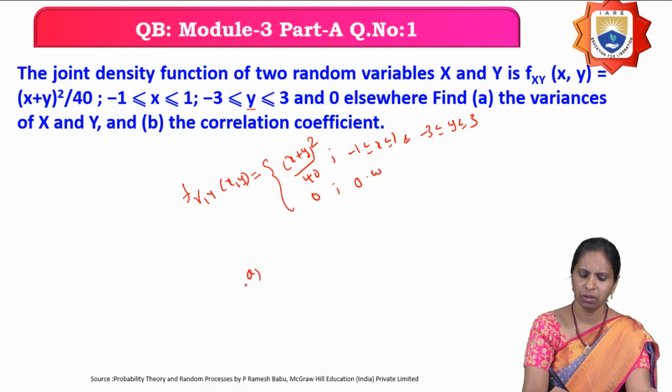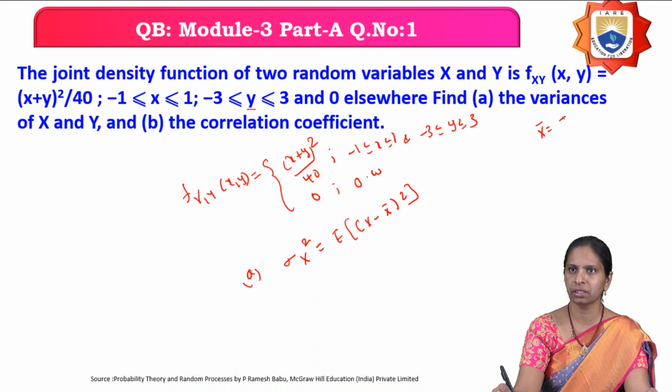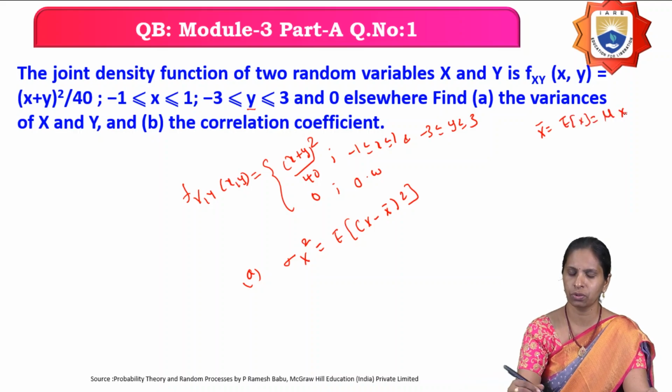So, what is the variance of x? Nothing but sigma x square. What is the definition of the variance of the random variable x? Nothing but expectation of (x minus x bar) whole square. Here, x bar is nothing but the mean of the random variable x, represented by mu x also. If you simplify this, you will get E of x square minus x bar whole square.